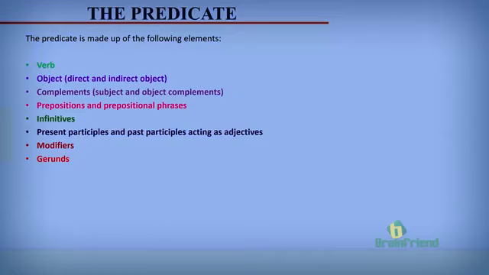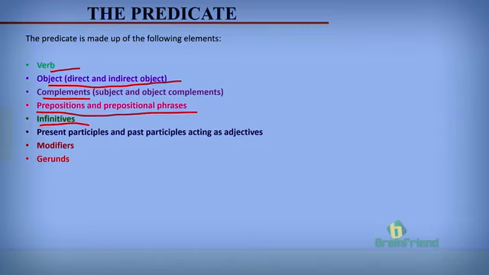Now, let's take a look at the components of the predicate, or the things that make up the predicate of a sentence. The first we have here is the verb. We have the object, which includes direct and indirect objects. Complements, which includes subject and object complements. Prepositions and prepositional phrases.